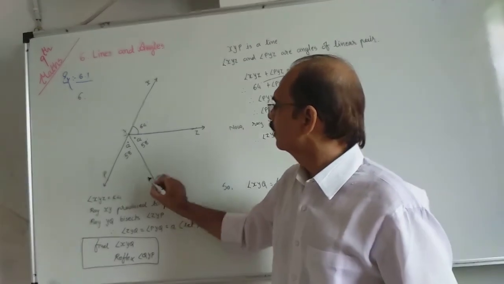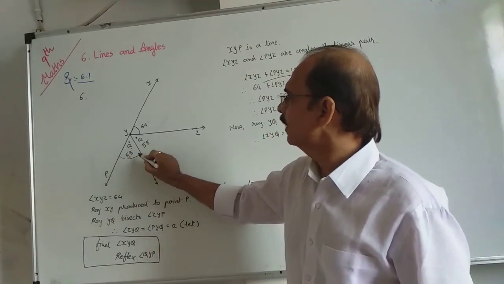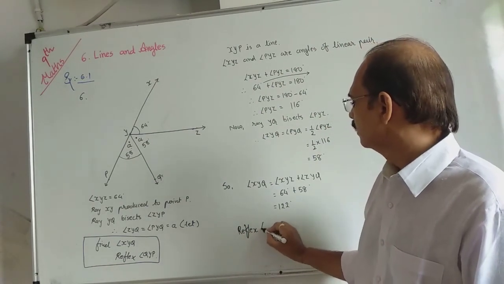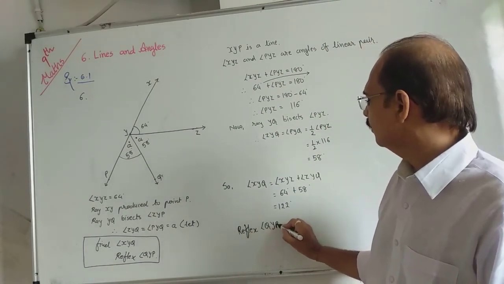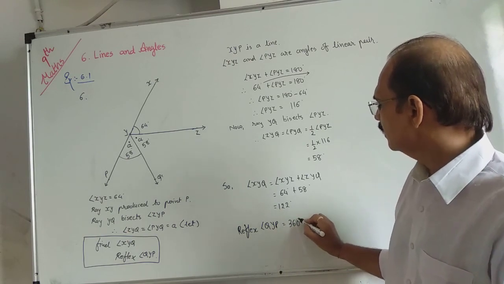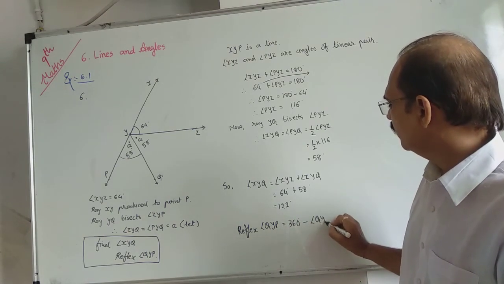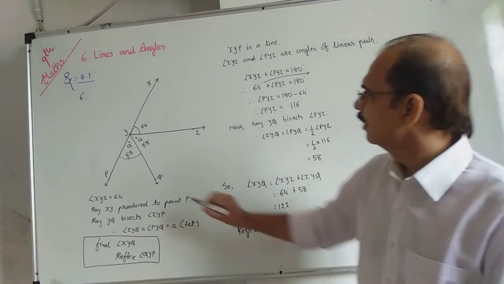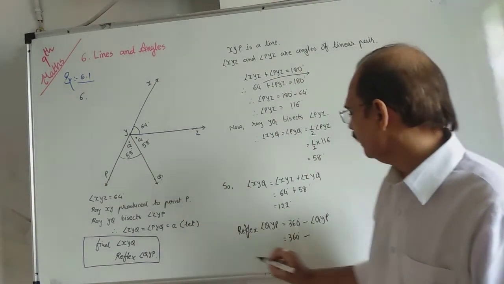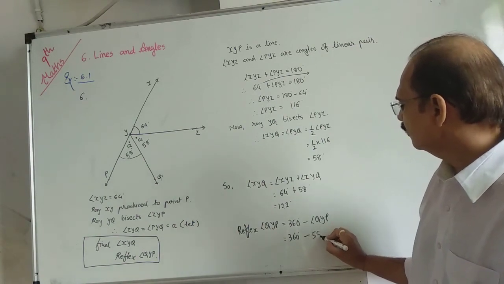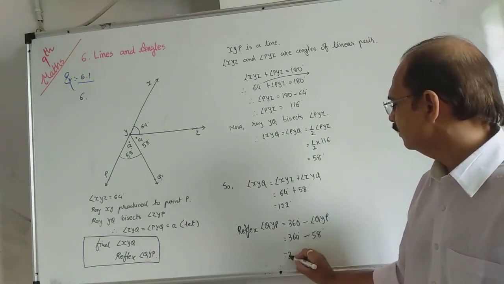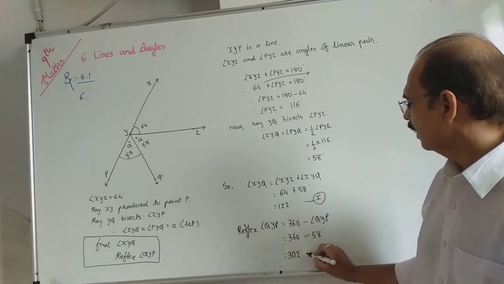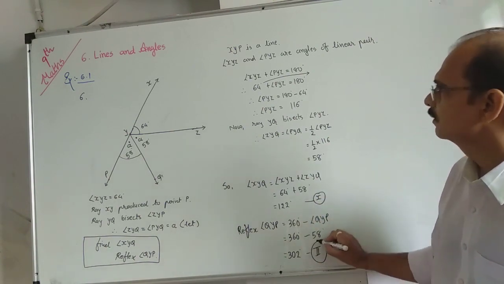Now QYP, that we have 58. So what is the reflex of QYP? Reflex angle QYP equal to 360 minus angle QYP. See in the diagram, QYP is 58. So 360 minus 58 is 302 degree. This is your second answer.